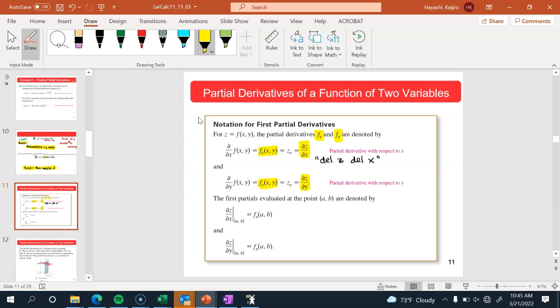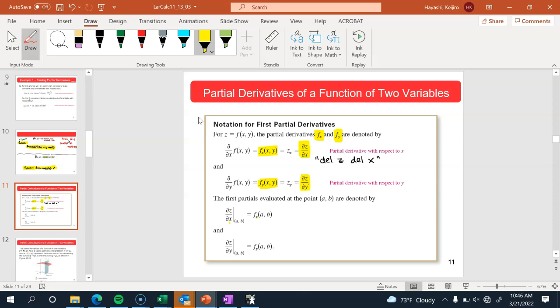If you find the partial derivative and you proceed to plug in a point, you're probably familiar with this notation anyways. It's like the derivative with the evaluation bar, and it tells you the point to plug in. Or you might just have the function notation with the little x or the little y in the corner. It tells you to plug in that point. That one's not nearly as important.